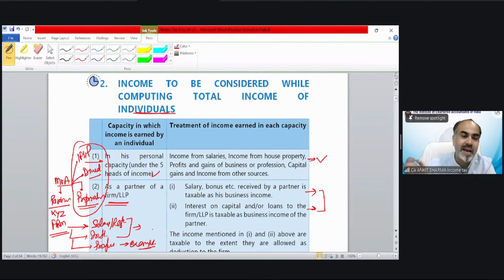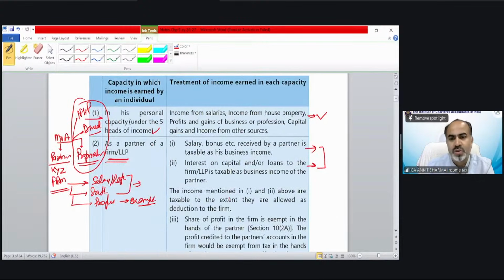So only the salary, interest, bonus, fees, commission, whatever we receive from our partnership firm, and that is also the allowed part. The allowed portion of that salary, bonus, commission, etc. is going to be taxed in the hands of a partner. So the income mentioned in point number 1 and 2, you can see that only that which is allowed as a deduction to the firm would become part of my income. Share of profit is exempted under section 10(2A).